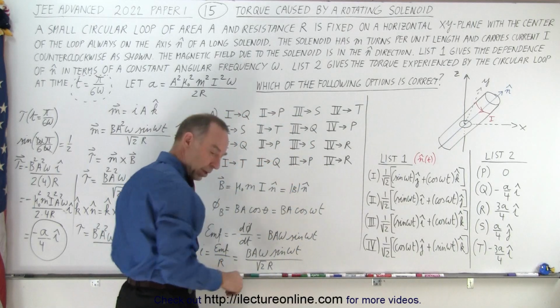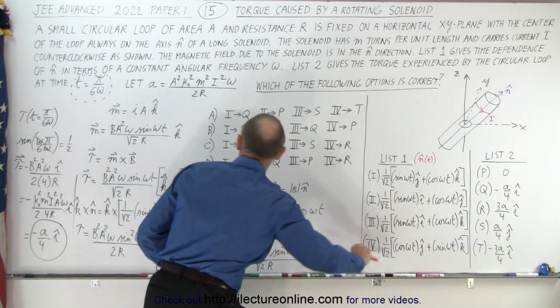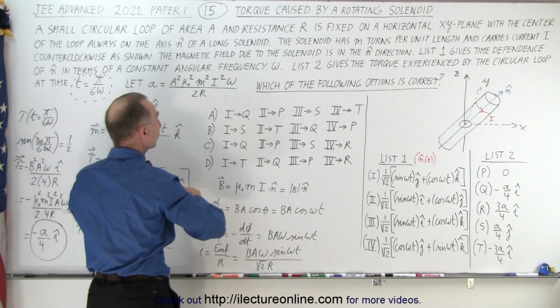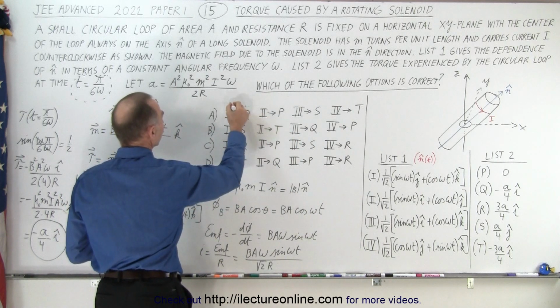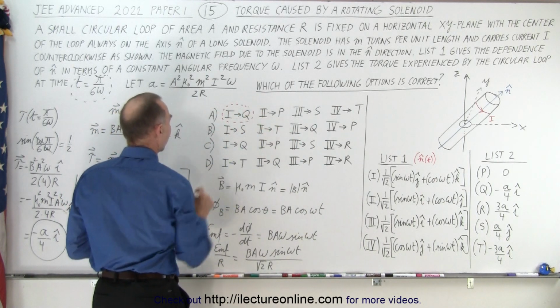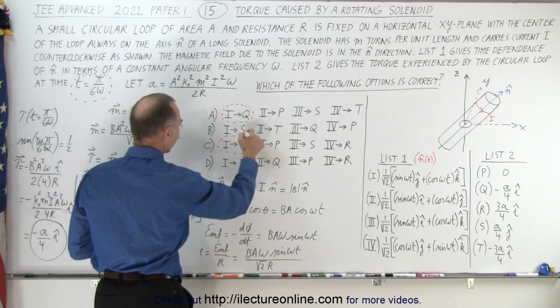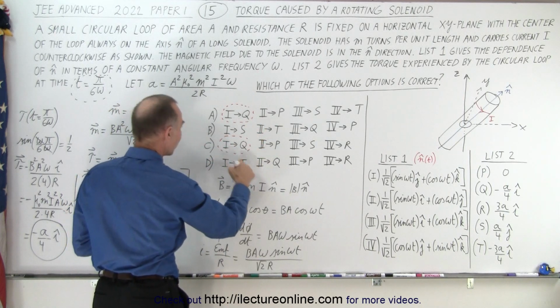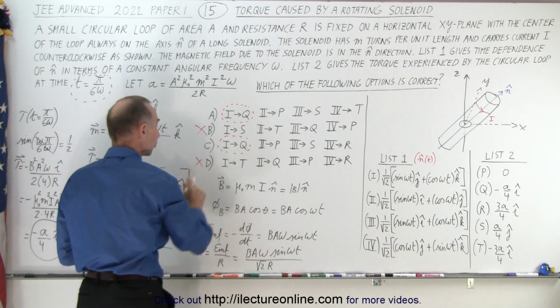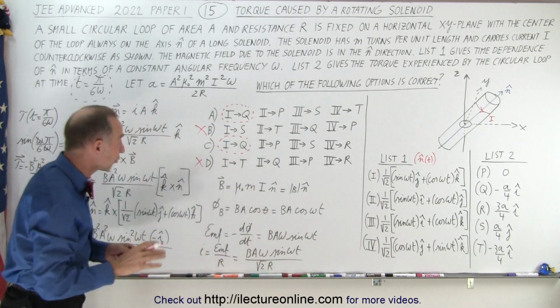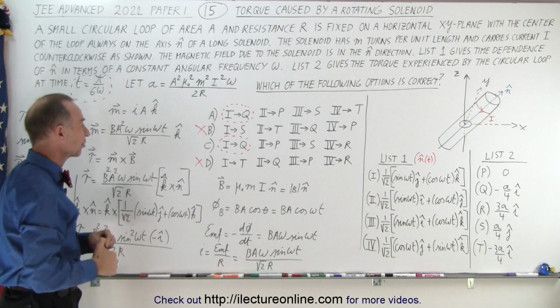And let's see where, I need a red pen here. So if I pick a 1, I get a q, so this is correct. But I don't get the s value, I don't get the t value, so these are not correct answers. So I've narrowed it down to just 2 of the 4 possible answers.